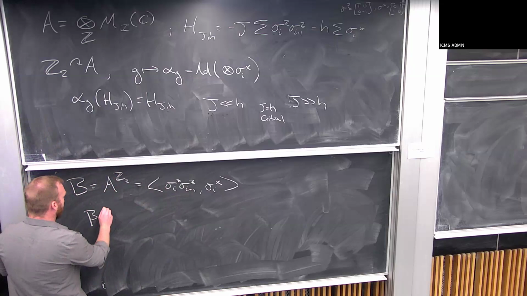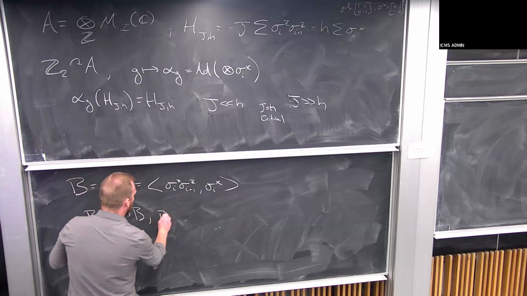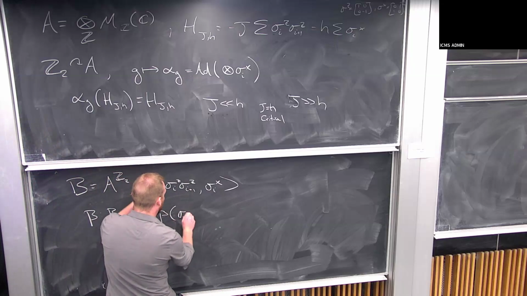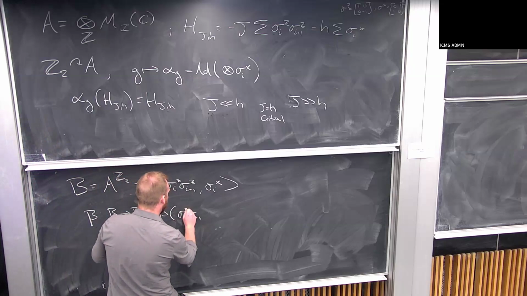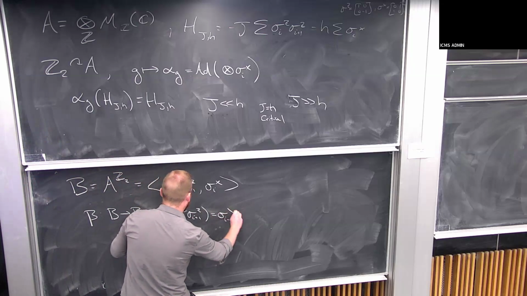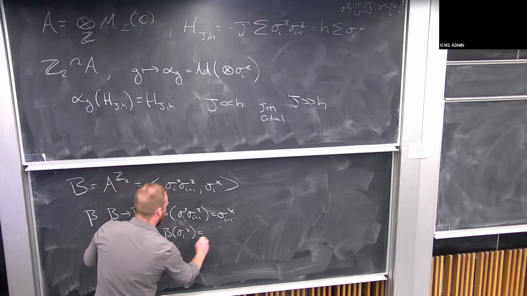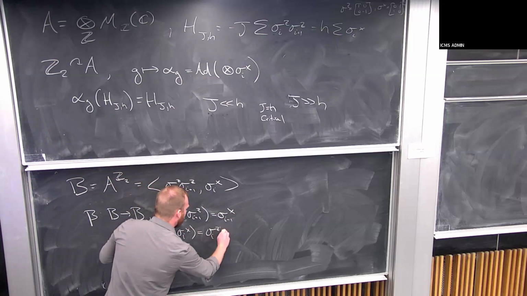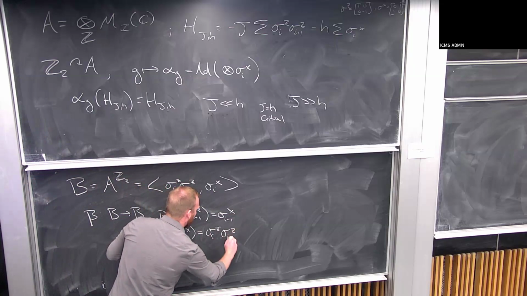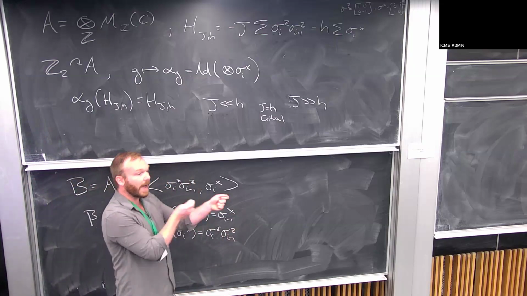It goes from B to B, defined on these generators. I'm going to send sigma_i^z sigma_{i+1}^z to sigma_{i+1}^x, and beta of sigma_i^x goes to sigma_i^z sigma_{i+1}^z. And so the idea is that it exchanges these two types of generators, but there's a little half shift that goes on.